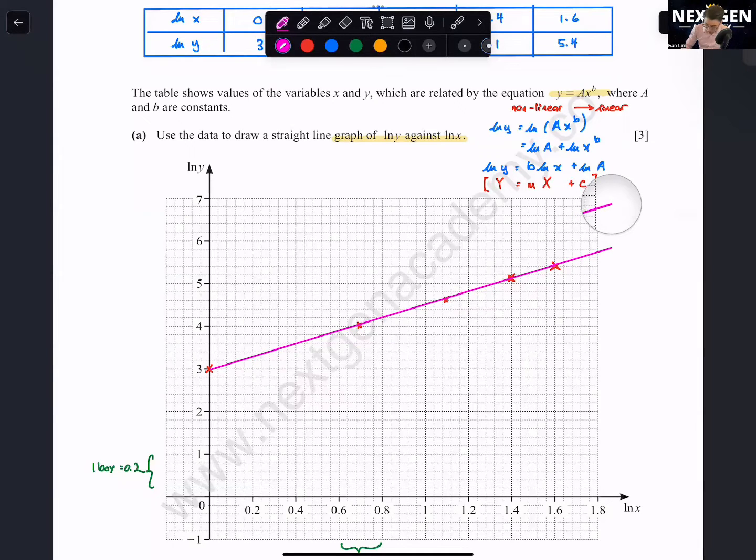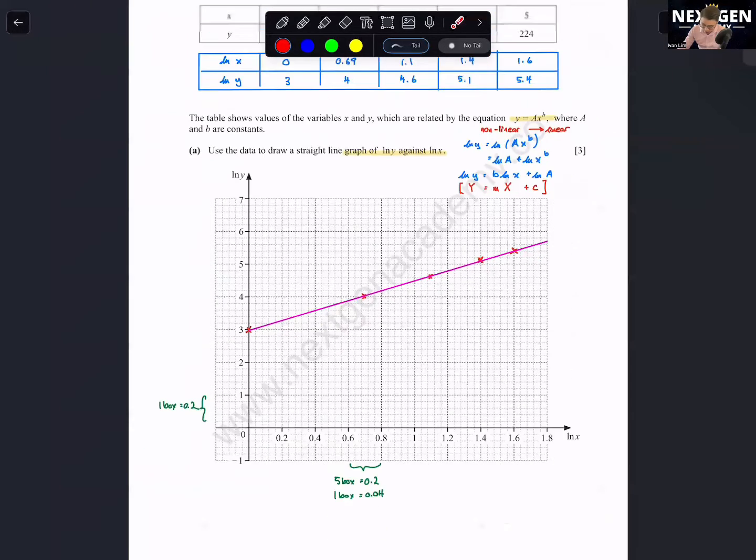You try your best to connect all of it together. Okay, all good. Any question here? So now your graph is following this equation already: ln y equals to b ln x plus ln a.